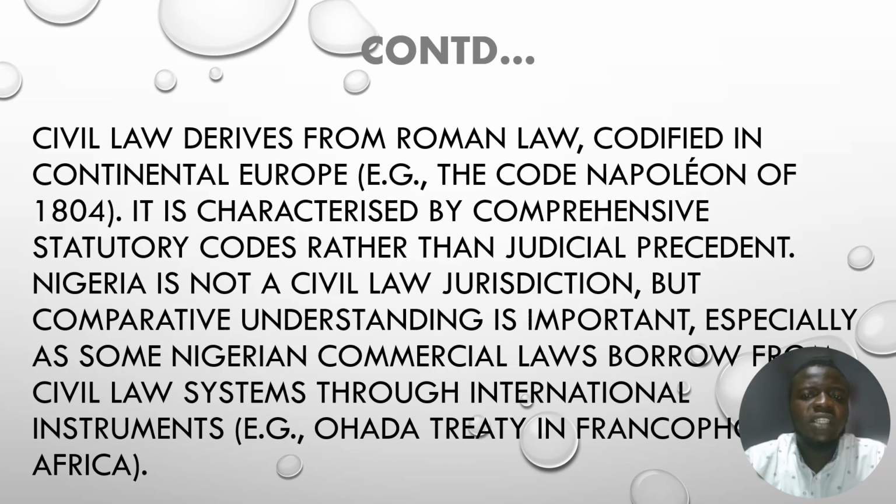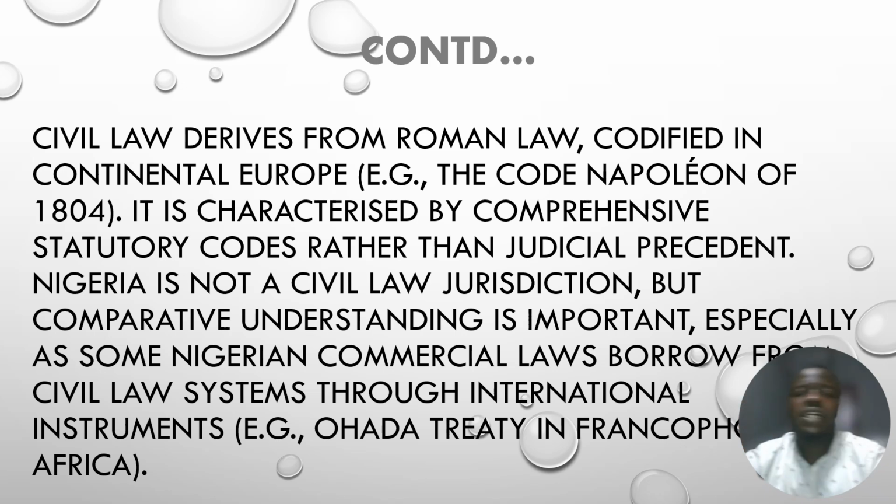An example of it is the Code of Napoleon of 1804. And civil law is characterized by comprehensive statutory codes rather than judicial precedent. Comprehensive means a very detailed and thorough statutory code. They jot down everything; all the laws in civil law are written.